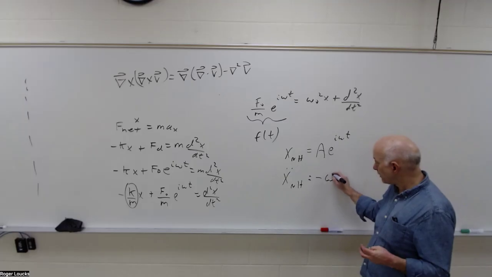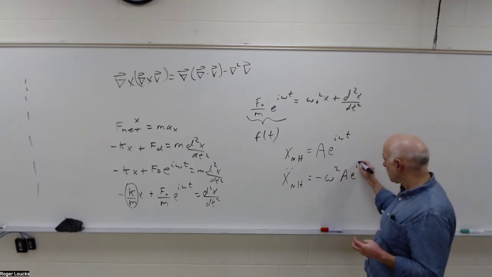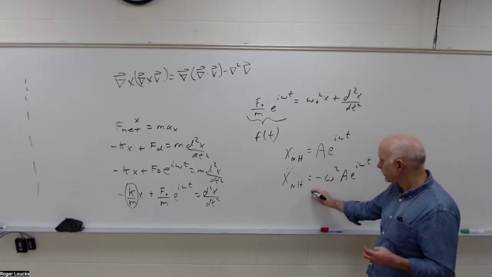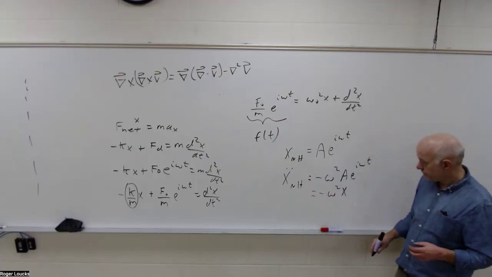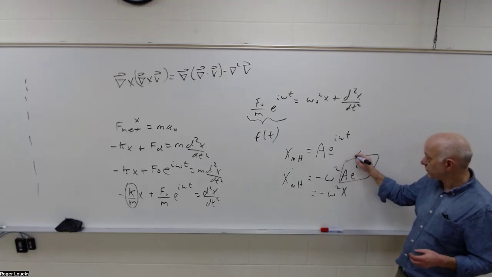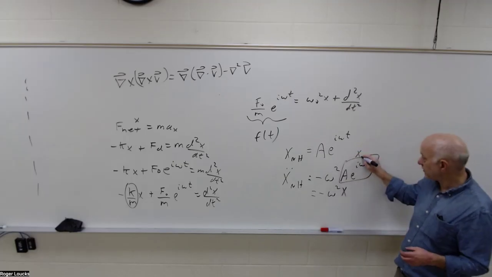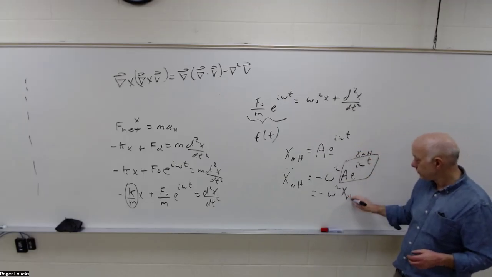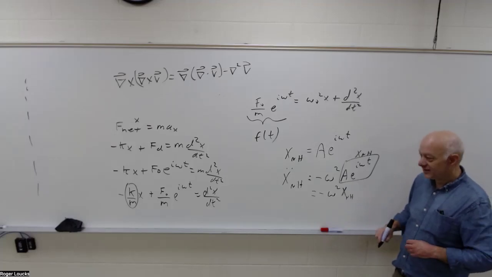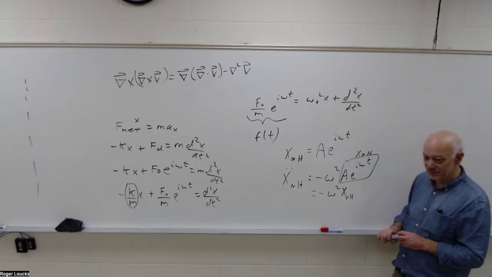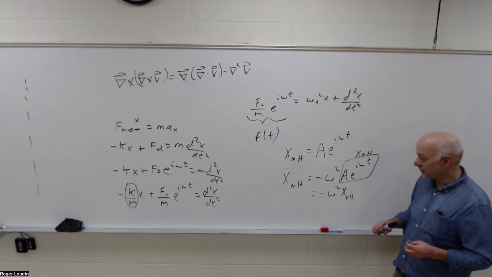So this gives me minus omega squared A e to the i omega t. This gives me minus omega squared x, right, because this whole thing here is this x, or I should say x non-homogeneous. You think you're taking the derivative of both? I didn't say the dot, it's okay. Just the notation is weird.